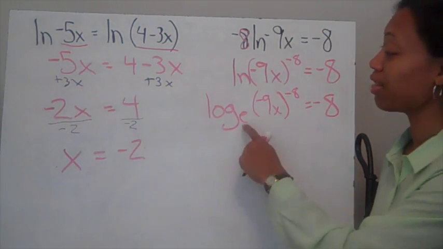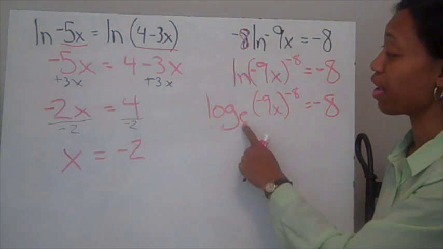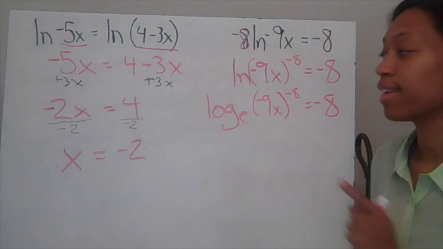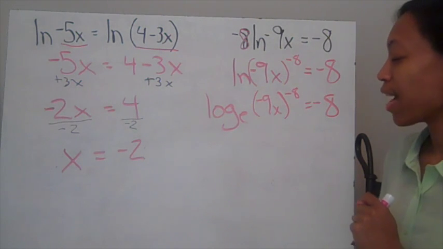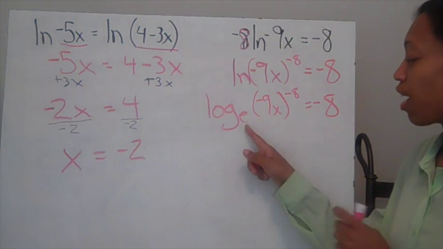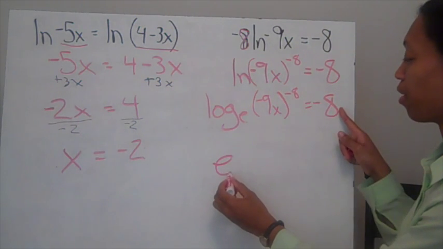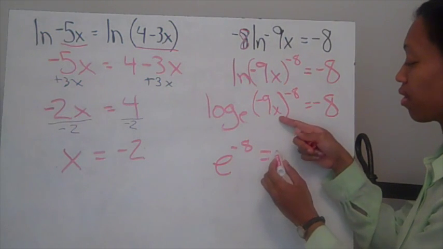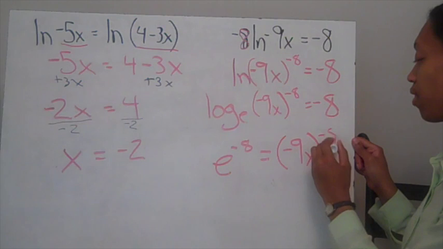Thinking of it as a log instead of a natural log, these are the same thing. Natural log is just a log base e. Now I can take my log and rewrite it as an exponential. As an exponential equation, I would have e to the power of negative 8 equals negative 9x to the negative 8.